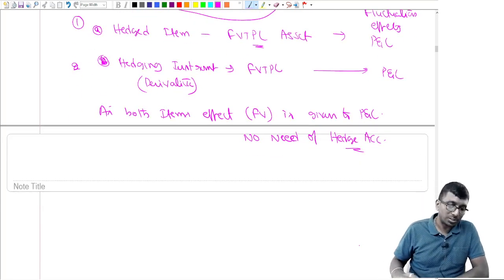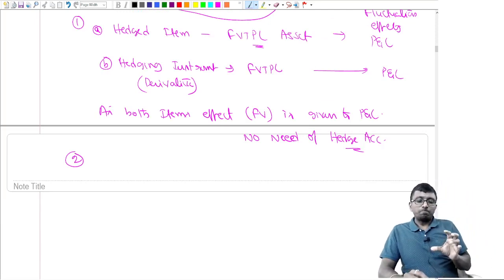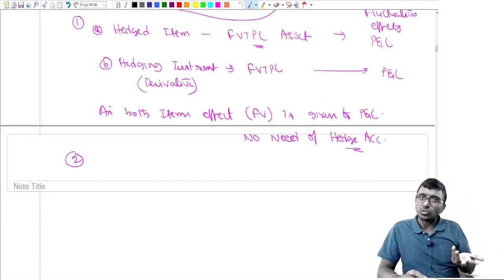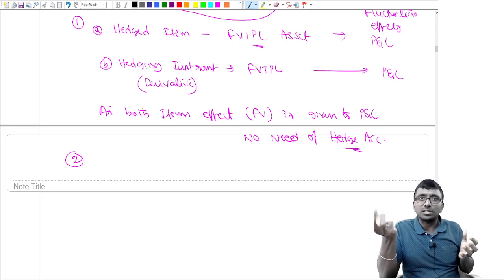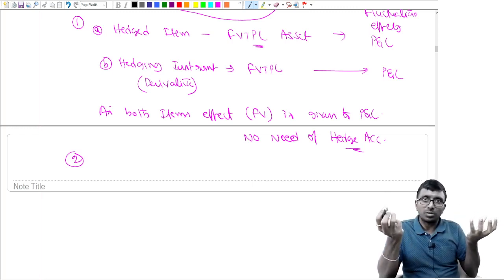One more situation I can say. Second situation: without the help of a derivative, you can actually hedge your foreign currency risks. You can have a foreign currency receivable, and maybe a foreign currency payable on the other side.